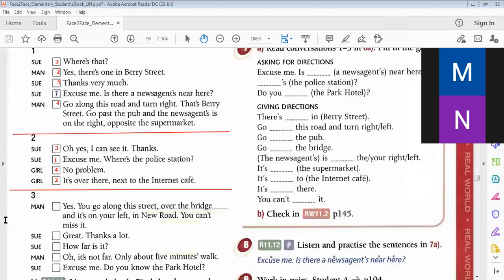Excuse me, do you know the Park Hotel? Okay. Yes, you go along the street over the bridge and it's on your left in your road. You can't miss it. What's number 3?